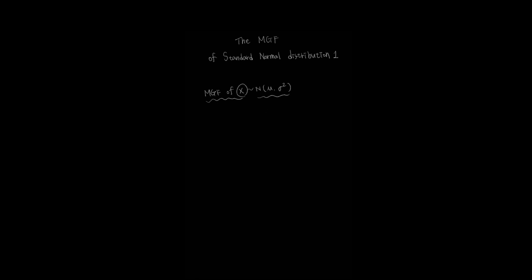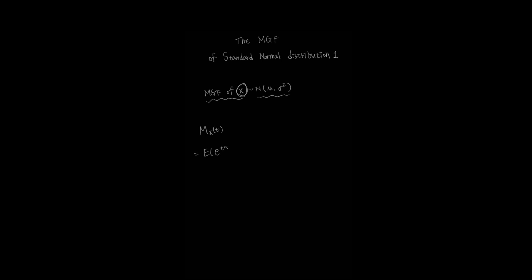So we suppose that x follows a normal distribution, so it'll be the MGF of x, the variable x. The notation goes like this, and it's going to be the expectation of e to the tx, like this. Let me write it here.